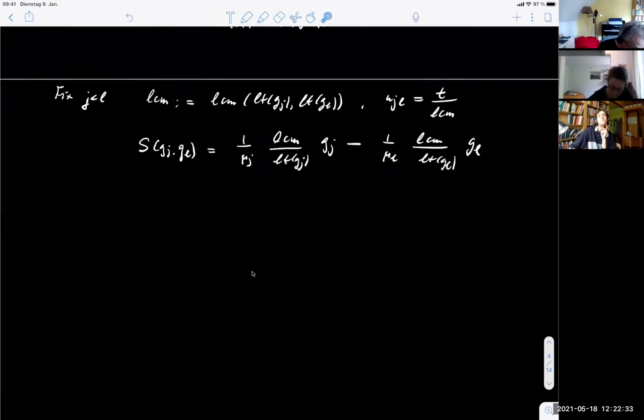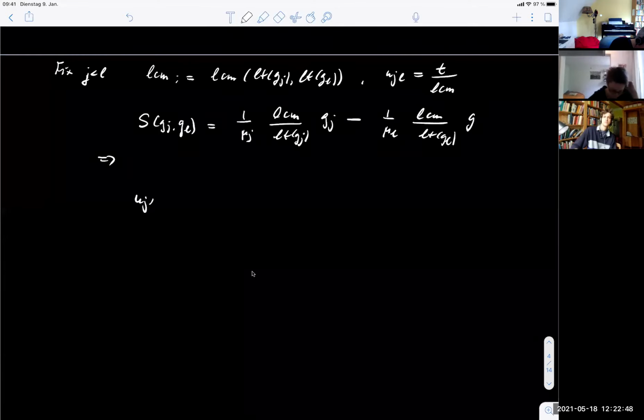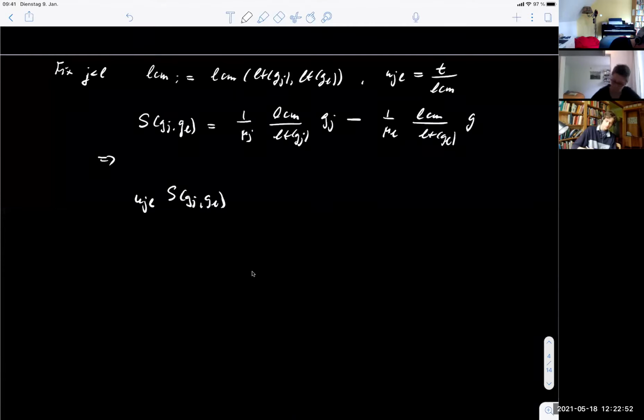Okay, good. But then you see, if you look closer at what this is, actually it's best to multiply now with UJL. What do I get? The way this is constructed, I get exactly this.